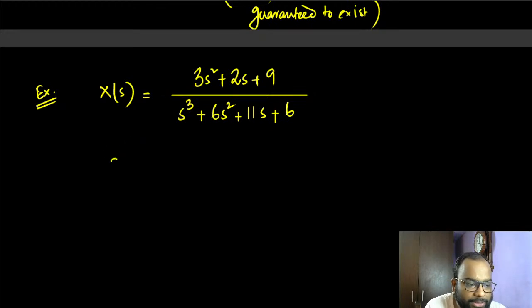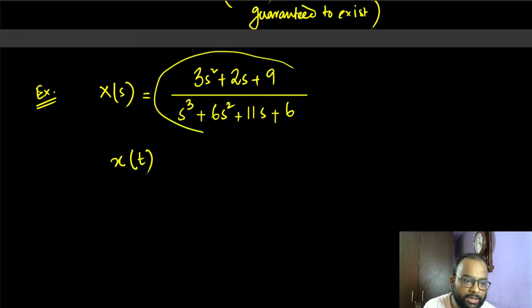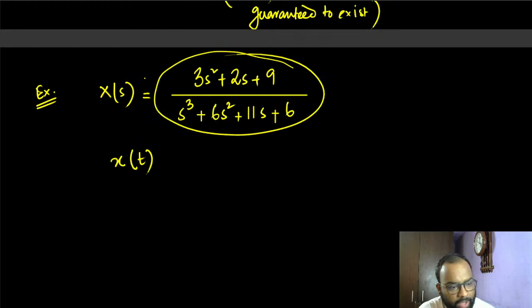If you need to calculate x(t), you don't have any other way than to do the inverse Laplace transform. It is a moderately difficult problem. You have to factorize the denominator and do a partial fraction expansion, and you would see that a sum of exponentials is the answer.